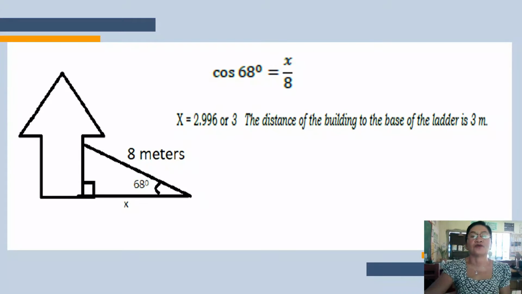You multiply cosine 68 degrees times 8. So we have 2.996, or you can round this off to 3. So we have 3 meters. That is now the distance of the wall of the building to the base of the ladder.